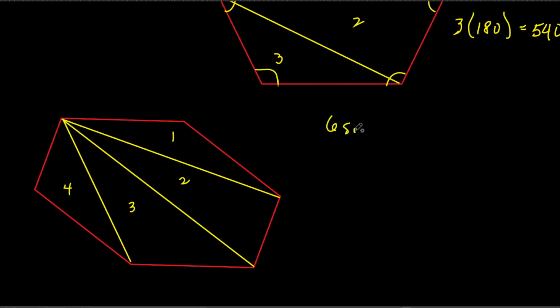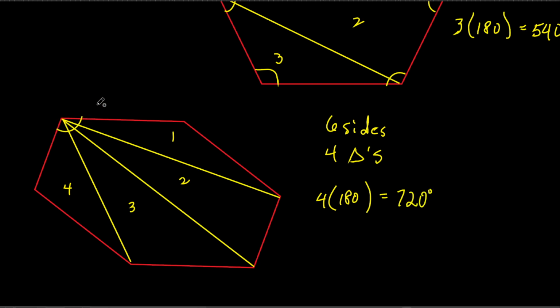So when I have 6 sides, I have 4 triangles. You with me? How do I find the sum of the interior angles of this 6-sided figure, this hexagon? I go 4 times 180. And what's 4 times 180? 720. So that's the sum of all the angles.